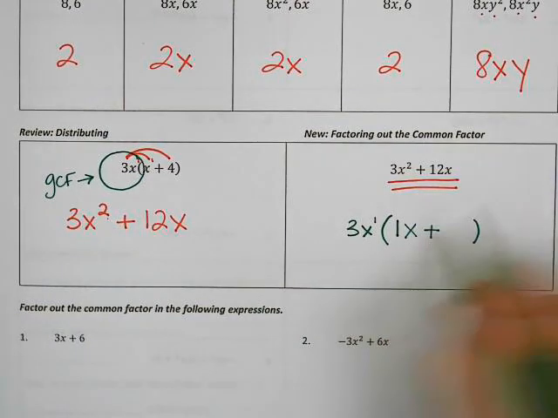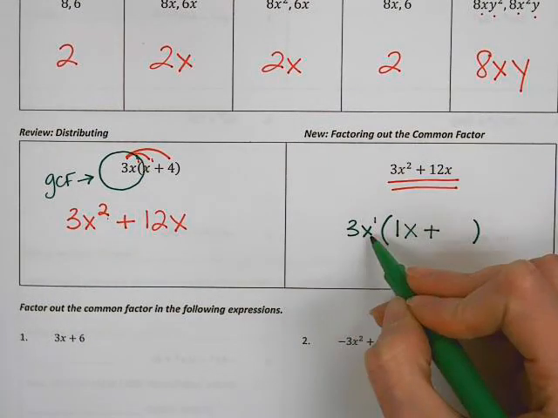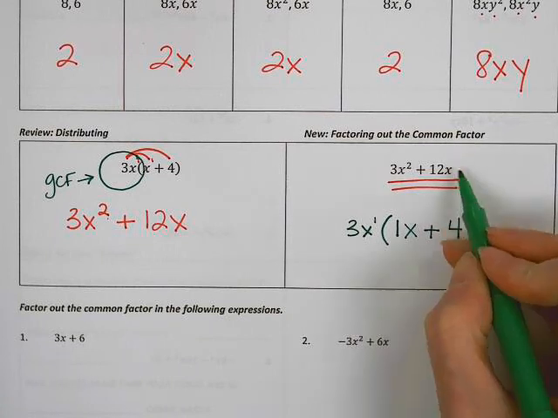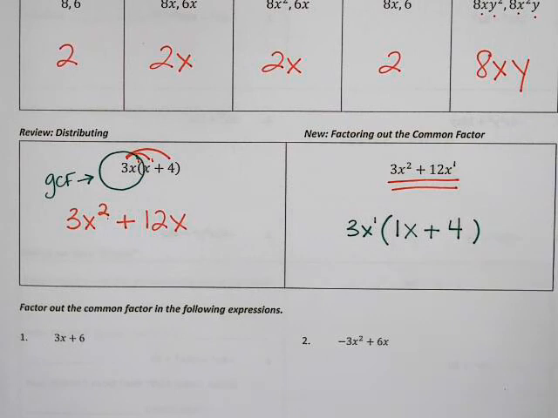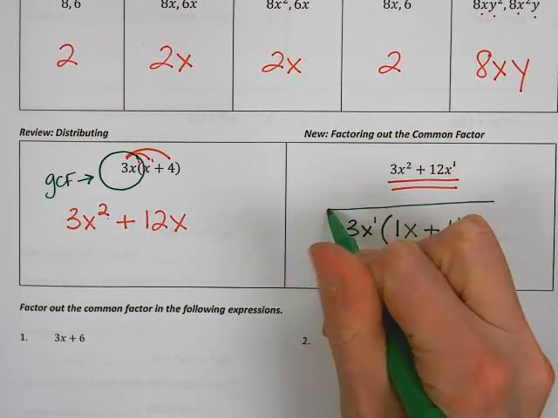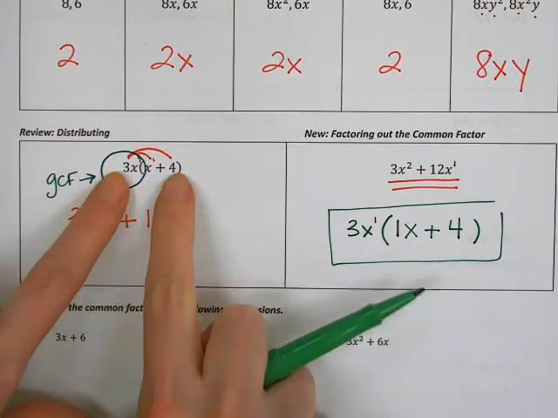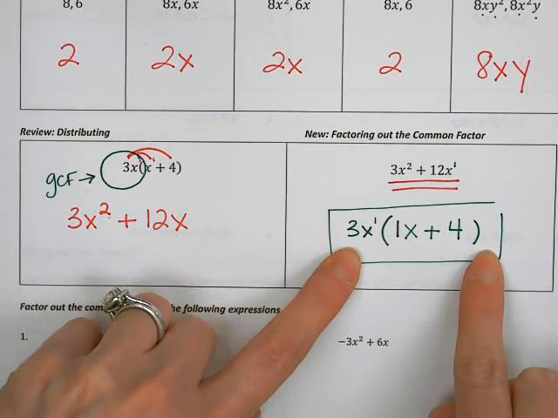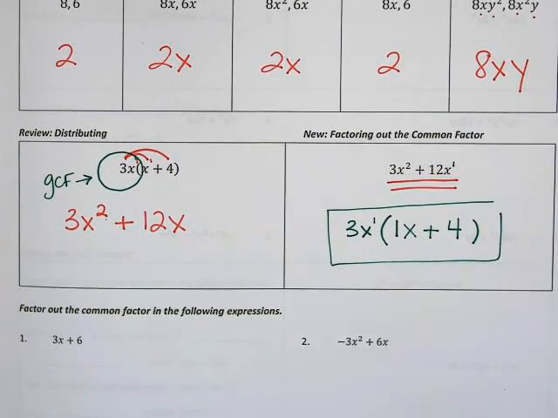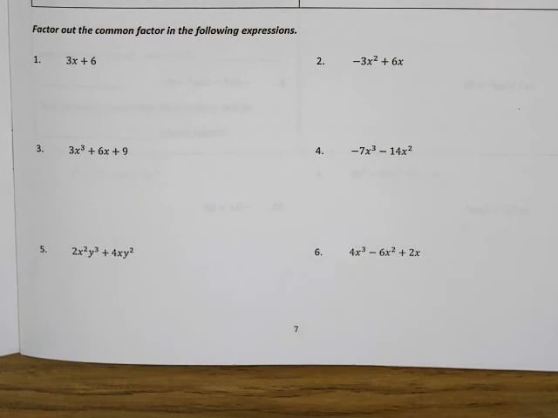And then plus 12x divided by 3x is 4. And when you subtract the powers, you get 0. And that's why there's no x. So do you guys see how this gets you here by distributing? And this gets you here by factoring out the common factor. Okay, so that's what we're going to be doing today, dividing out the GCF.